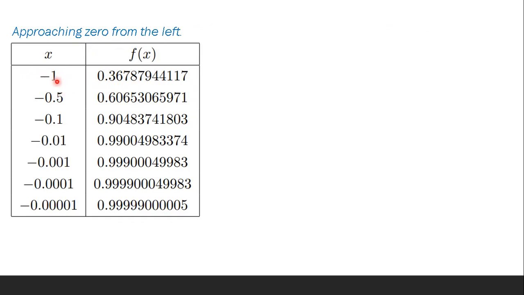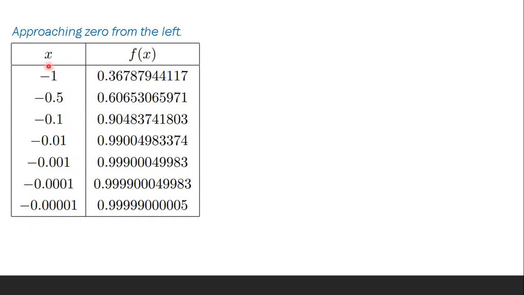So when you have e to the -1, that's equal to 0.36787944117. And the same goes with the other values of x. As you can see here, the other values of x are very close to the value of 0, right?